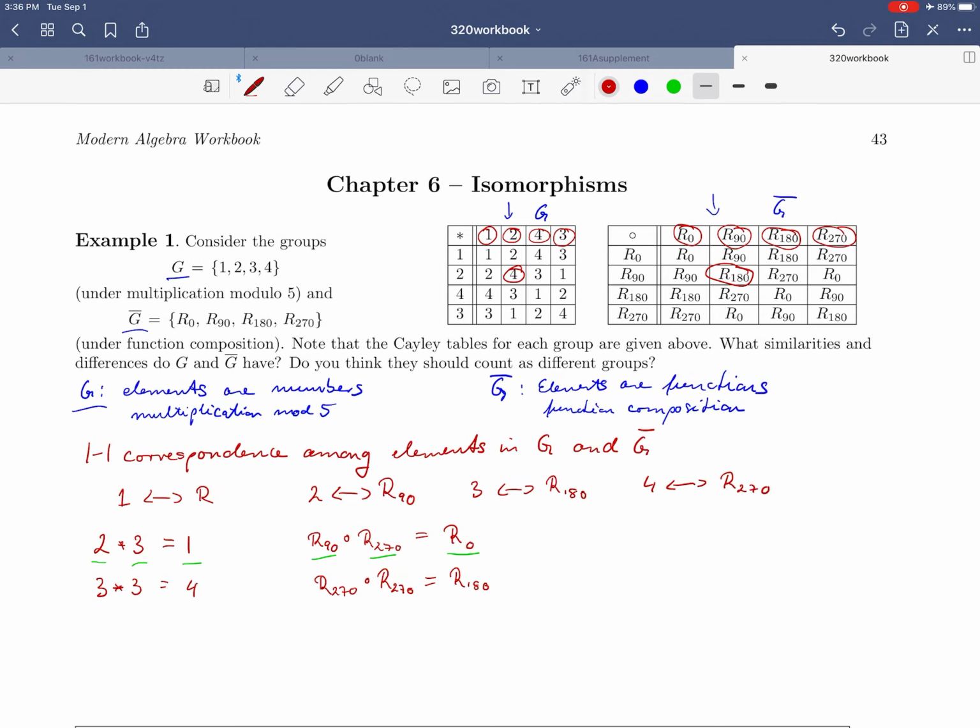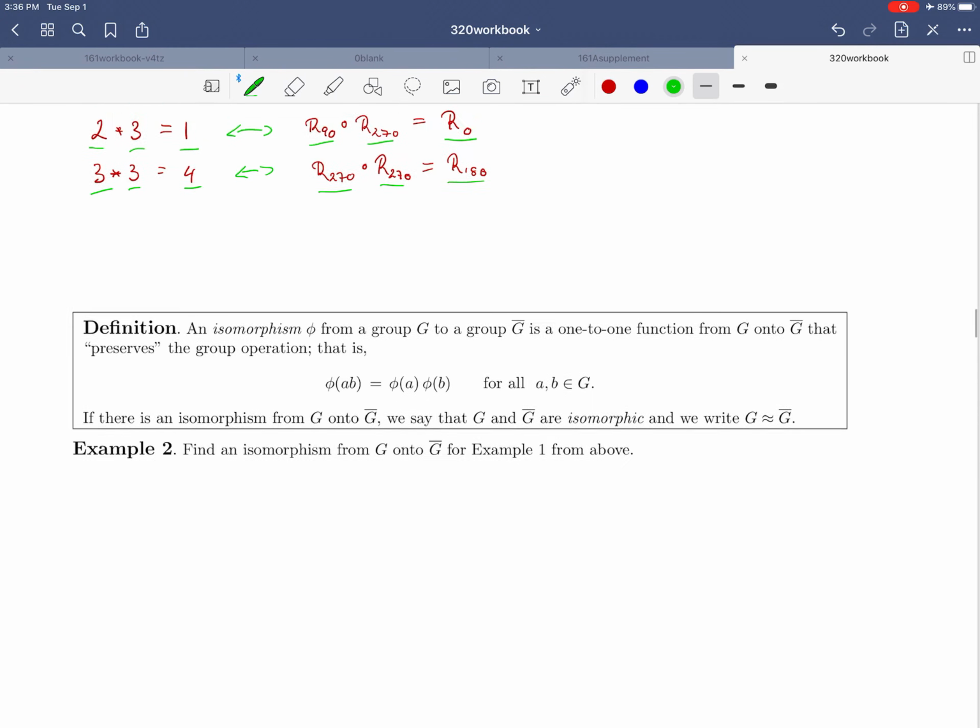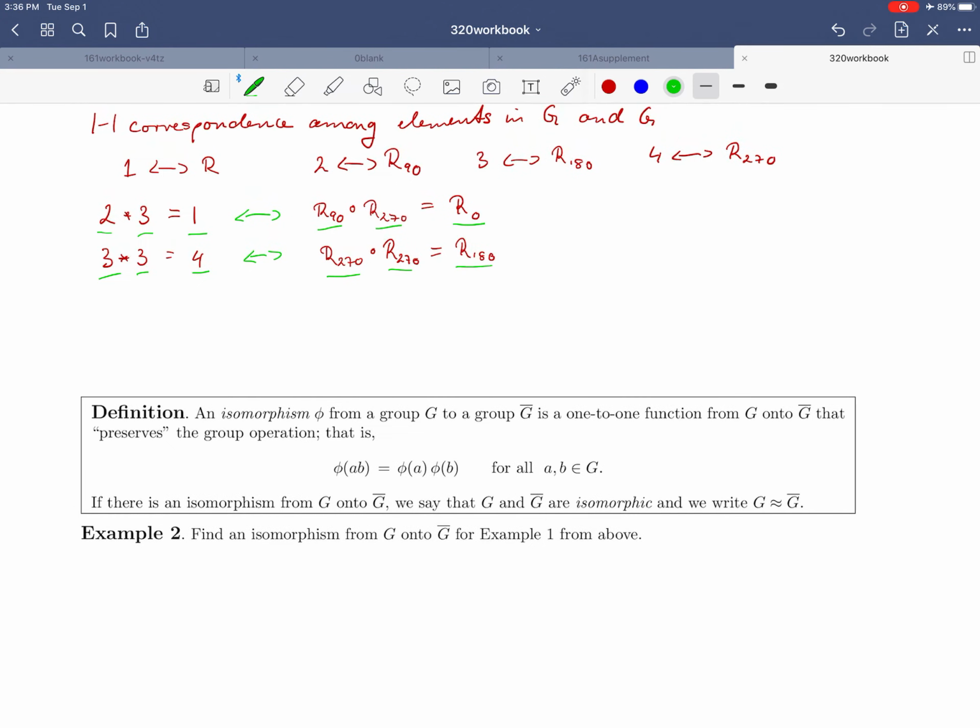So 3 corresponds to R270, and 4 corresponds to R180. So we have this one-to-one correspondence preserved under the group action. This correspondence, identifying one element in G with an element in G bar, is an example of an isomorphism from one group to another.